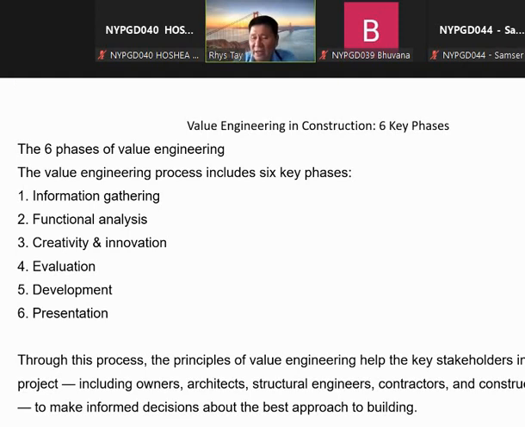That means people like, in the construction industry, the project manager, the project director, the architect, or on the construction side, the contractor, construction manager, to make informed decisions about the best approach to building. Right? What I say here is, if you use these 6 steps, you can come out with a better informed decision-making process. That means you know what is going to happen. You analyze everything, and you come up with the best approach to building construction. Okay?